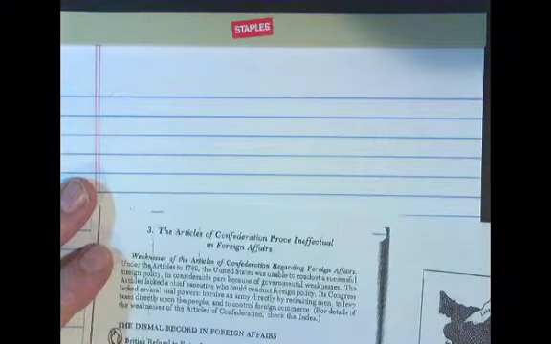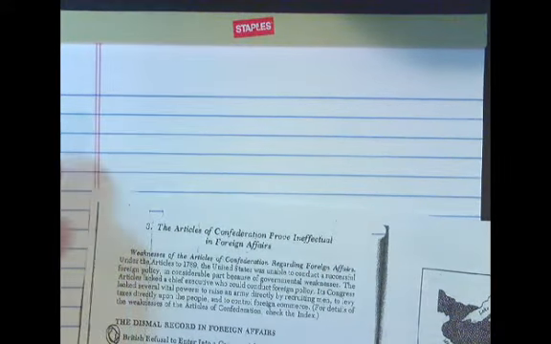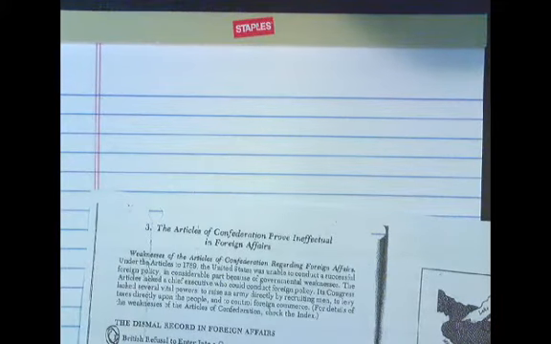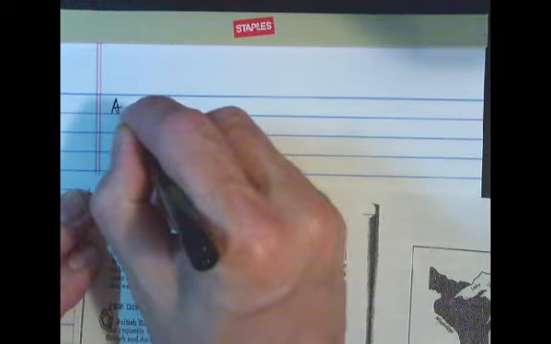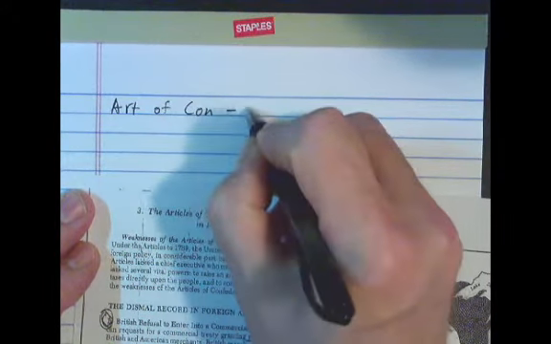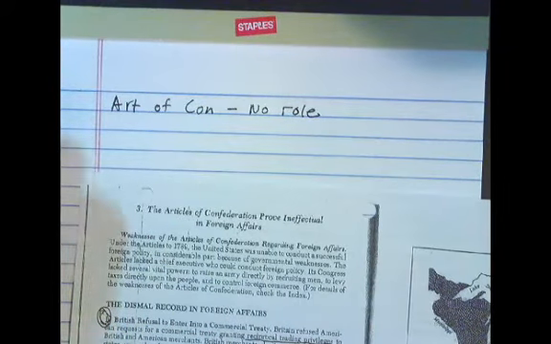So my next step is to get some information, make sure I have information about the Articles of Confederation, where I said there was no foreign policy. So the role of the federal government was gone, not there. What do I have for that?